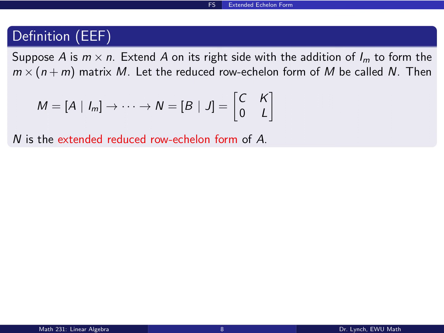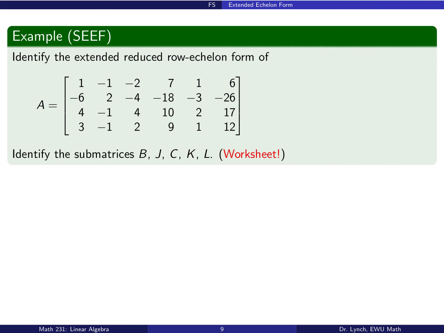We can do what we've done before, which is to put this in block form, and as it turns out, when you put this in block form, the matrix L that's to the right of all of the rows of zeros from the reduced row echelon form of A ends up being exactly the matrix L that we just saw a moment ago. So I won't go through the proof of the theorem, but I'll ask you to reduce this to extended echelon form and identify those matrices B, J, C, K, and L from that extended echelon form.